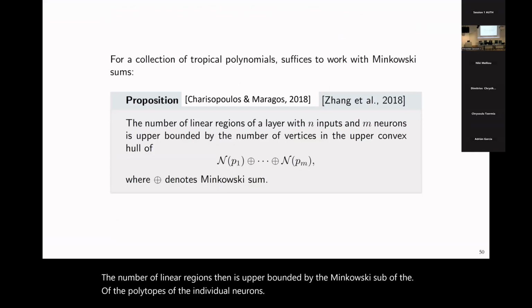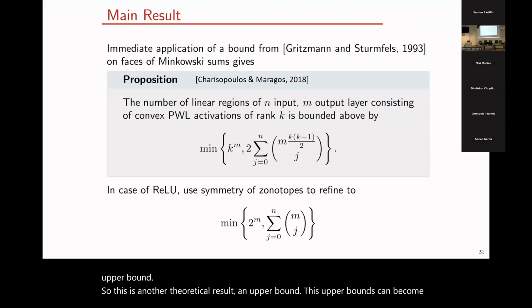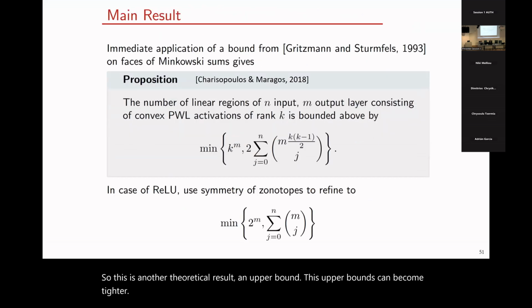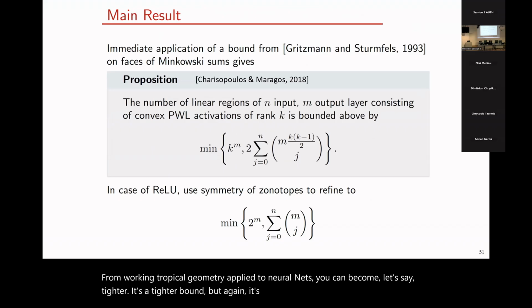So we have P1, Pm, and so on, take the Minkowski sum, but this is only an upper bound. So this is another theoretical result, an upper bound. This upper bound can become tighter from work in tropical geometry applied to neural nets. This is a tighter bound, but again, it's an upper bound.